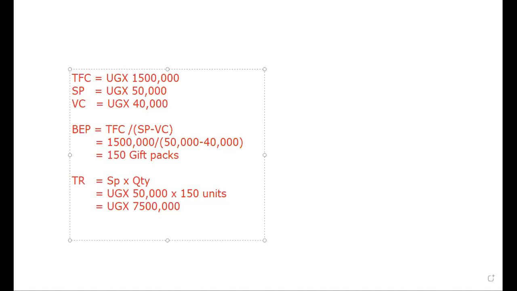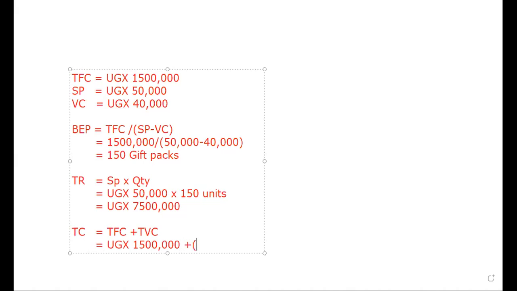Now we calculate total cost. The formula of total cost is total fixed cost plus total variable cost. In this case, total fixed cost is UGX 1.5 million plus total variable cost.